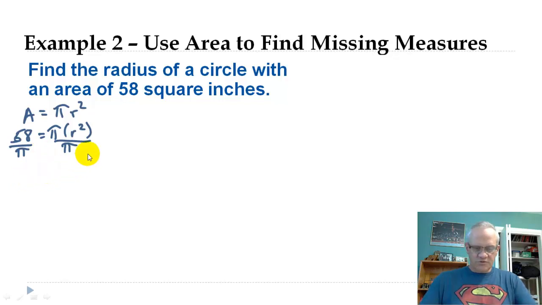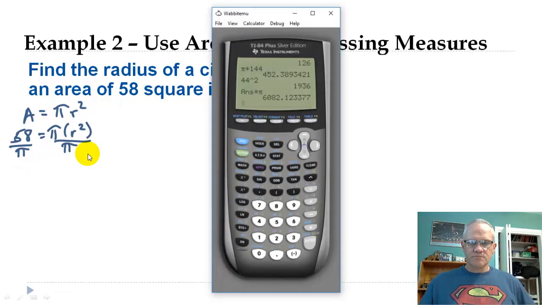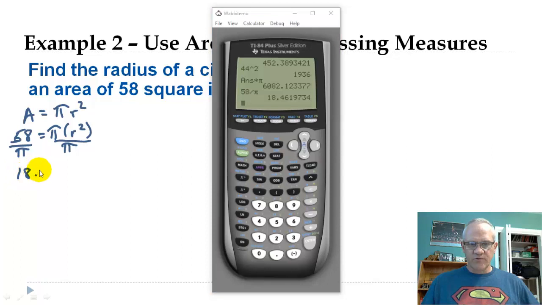So we've got 58 divided by pi, approximately 18.46. So this is about 18.46 equals r squared. And then how do we undo the square?